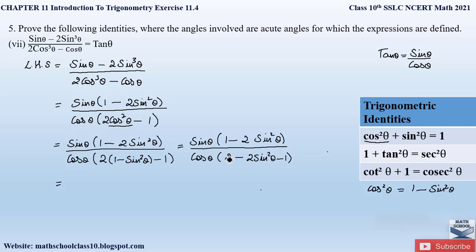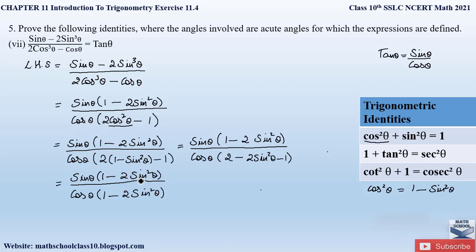Again you can observe that 2 minus 1 will give you 1 here. So we can write down sin theta, numerator is again the same, 1 minus 2 sin square theta divided by cos theta. Here 2 minus 1 will be 1. Since 2 is a greater number, we will get plus 1 minus 2 sin square theta.